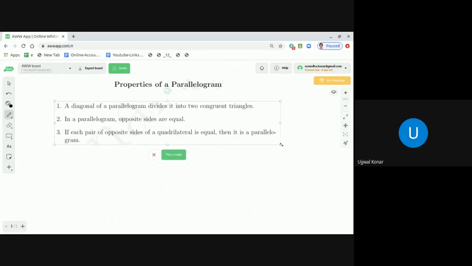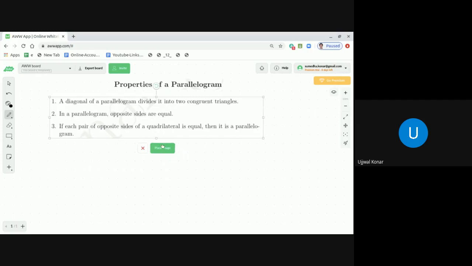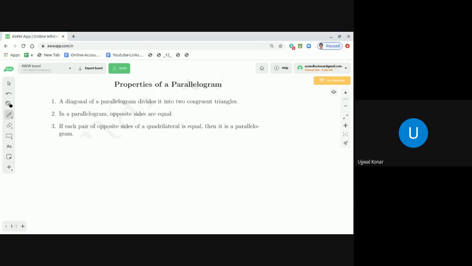So, dear students, today we'll be discussing the properties of parallelograms. The first three properties we already discussed, and I'm just writing them here so that you can get an idea of what we have discussed earlier. The first is that a diagonal of a parallelogram divides it into two congruent triangles.